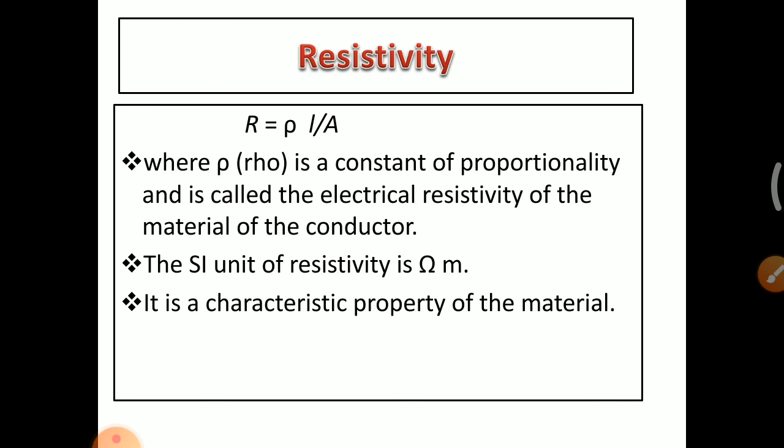You know how the resistance of the conductor depends. The resistance of the conductor depends on length, area of cross section and material. In the beginning itself I said that, see here.